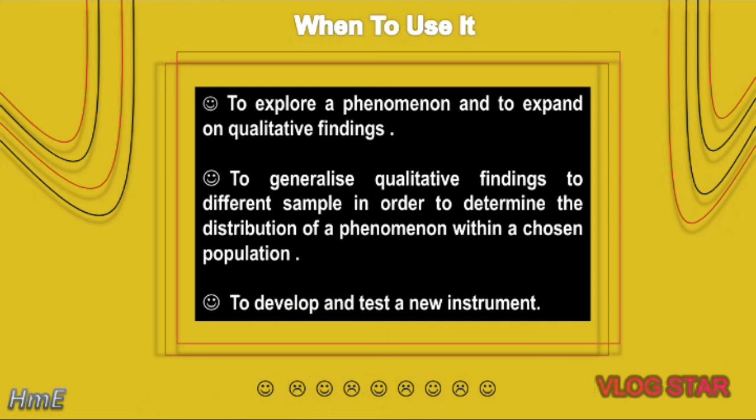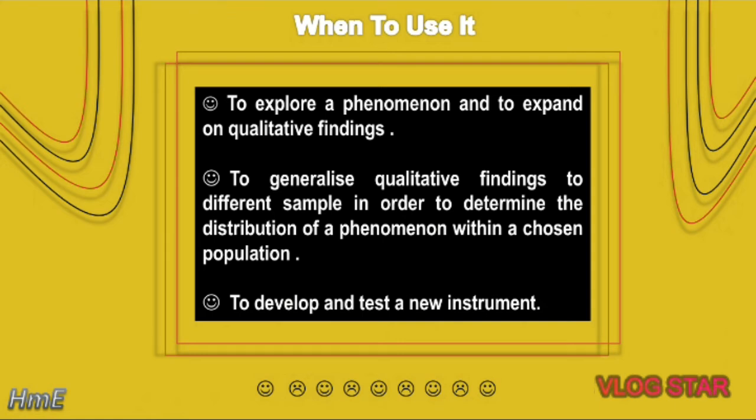Number 1, to explore a phenomenon and to expand on qualitative findings. In this method, in the first phase, that is the qualitative phase, data are collected from a sample, from a population, to explore or to know a phenomenon.